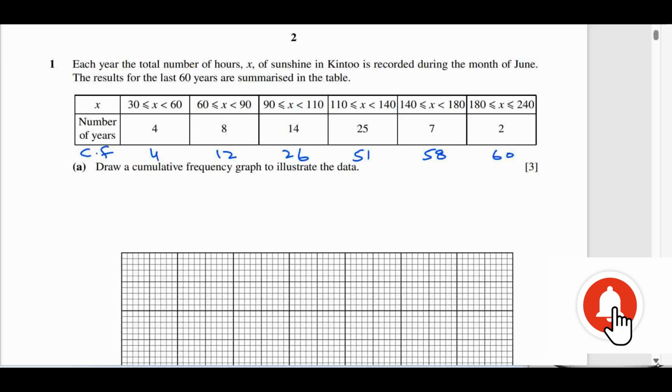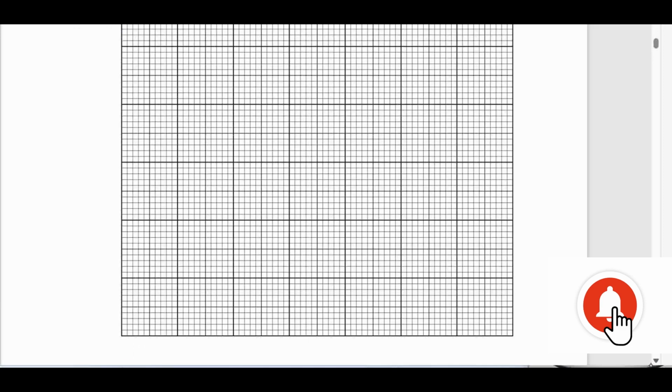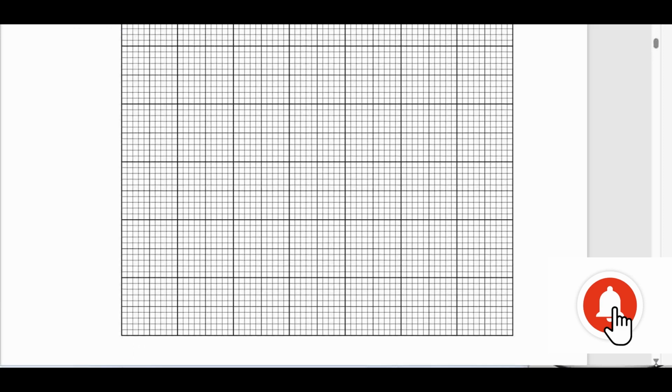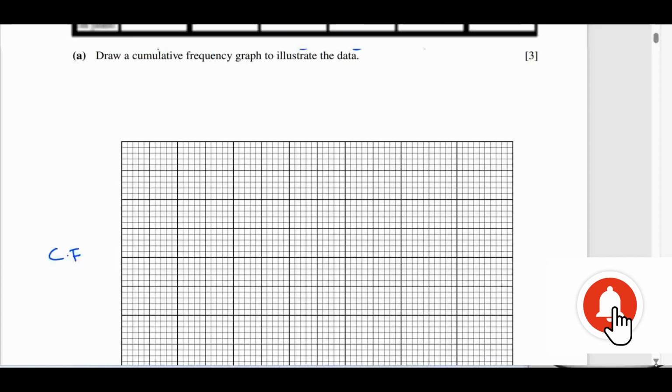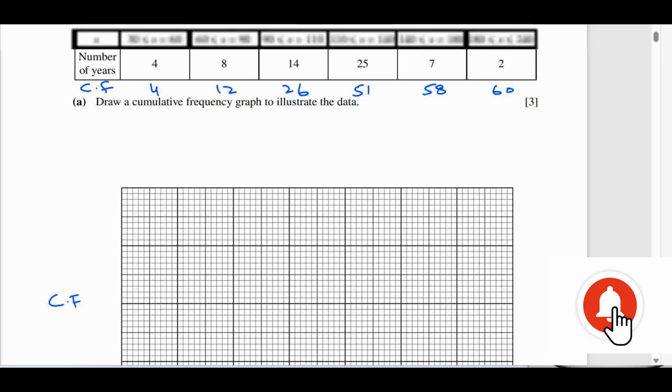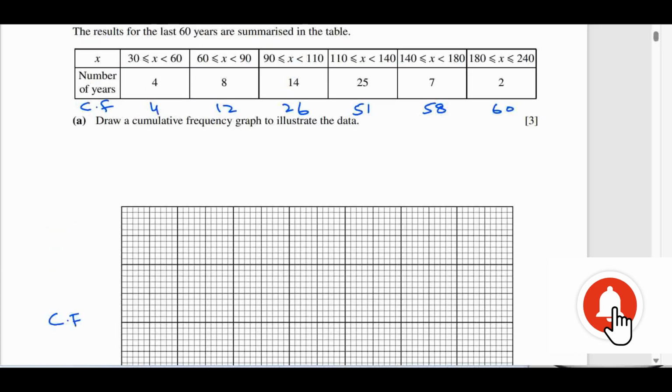So what we will do, we will simply represent cumulative frequency on the y-axis, and the hours number of the data, that is X. We will represent the data on the x-axis. So total number of hours.